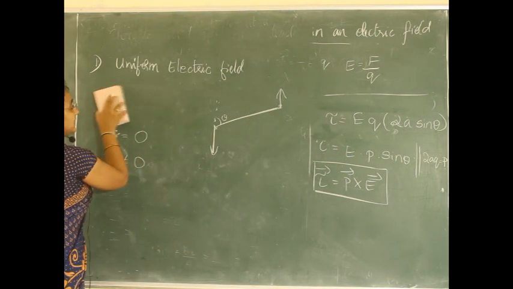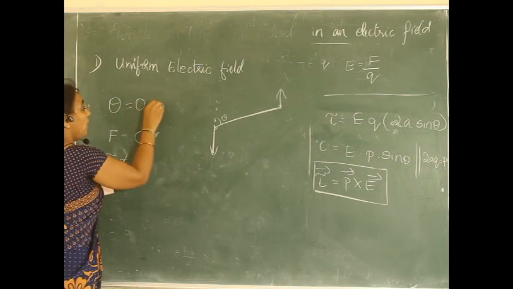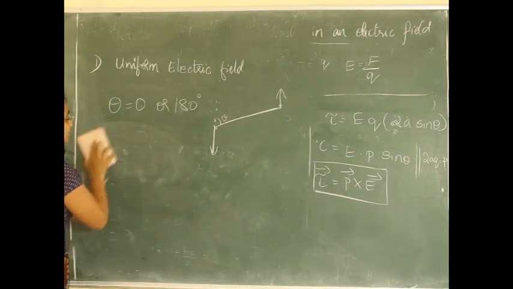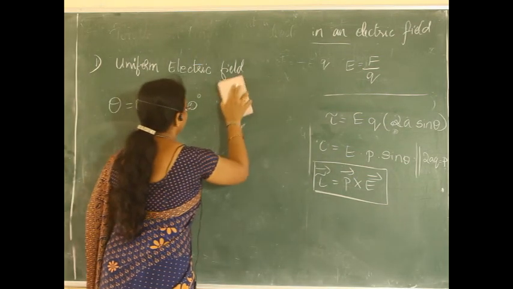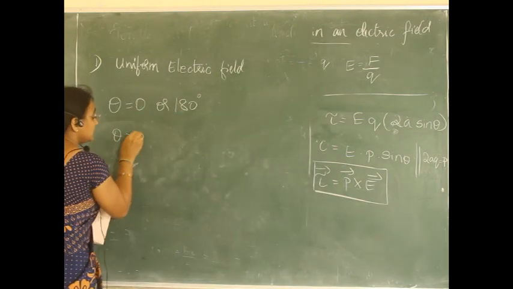Instead of theta is not equal to 0, if we put theta is equal to 0 or 180 degrees, what happens to the force? Suppose theta is equal to 0 degrees.